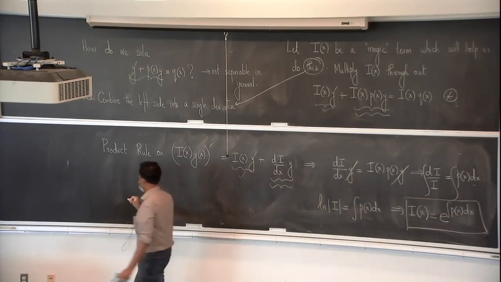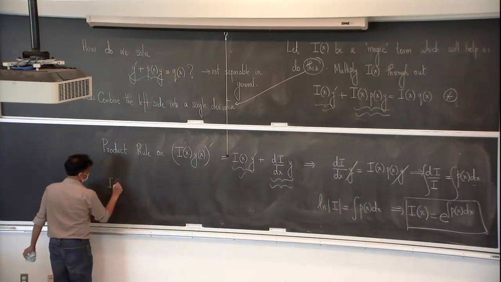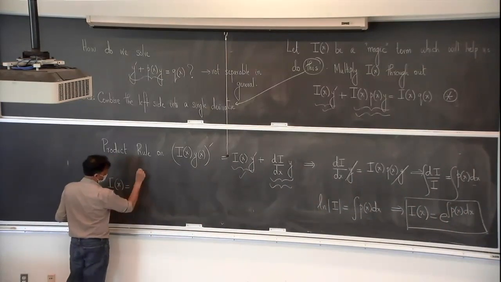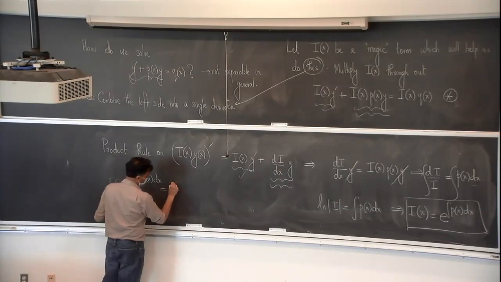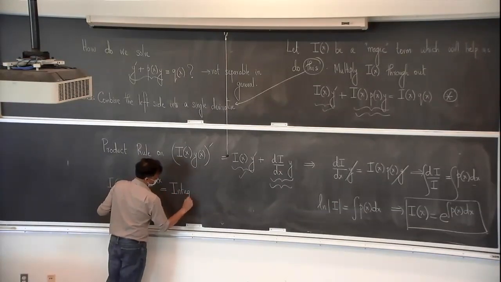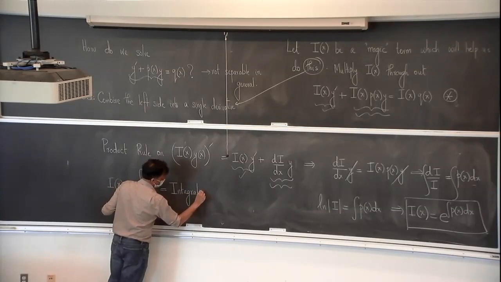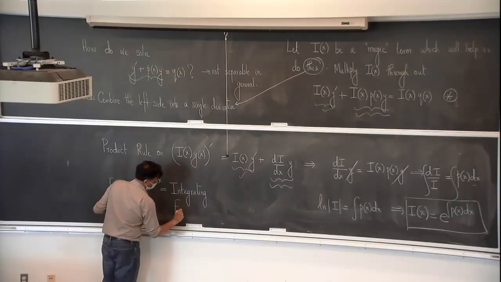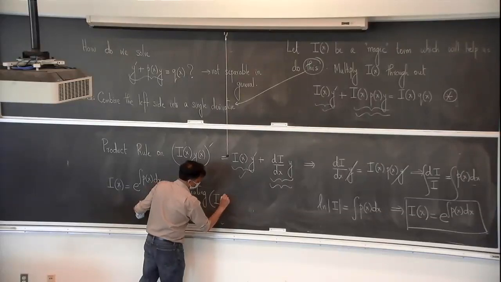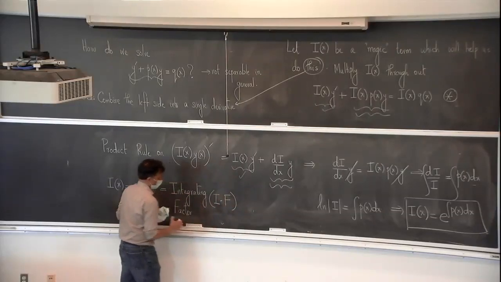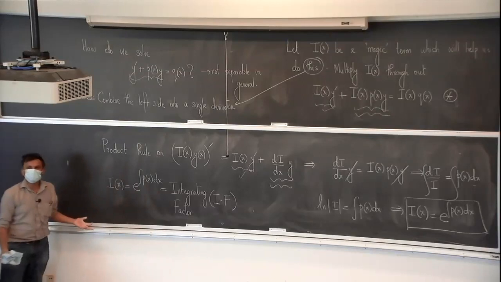So this I of x equal to e to the power of integral of P of x dx is called the integrating factor. So this technique is called the method of integrating factor.